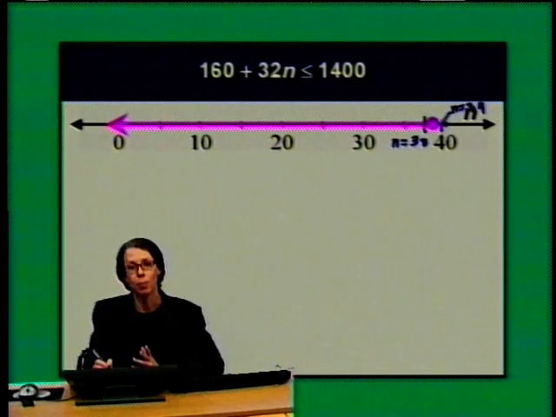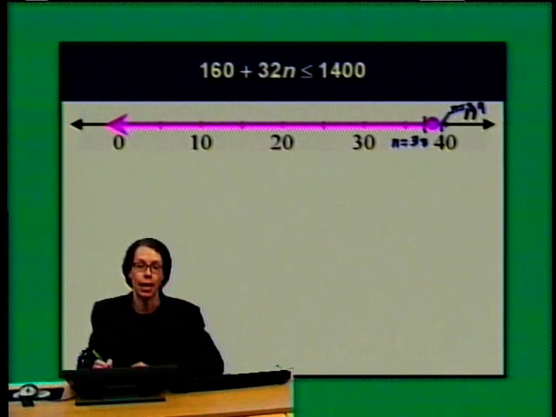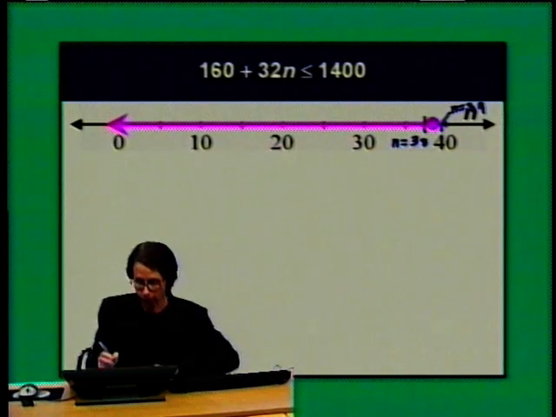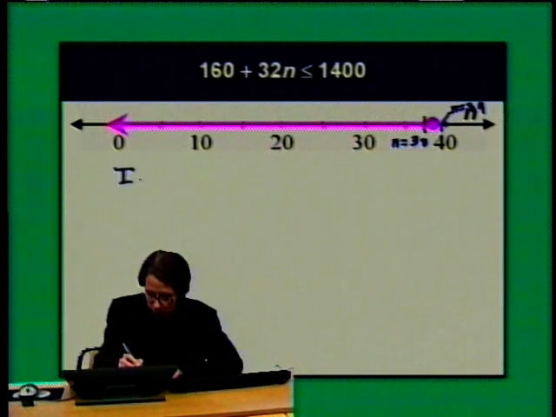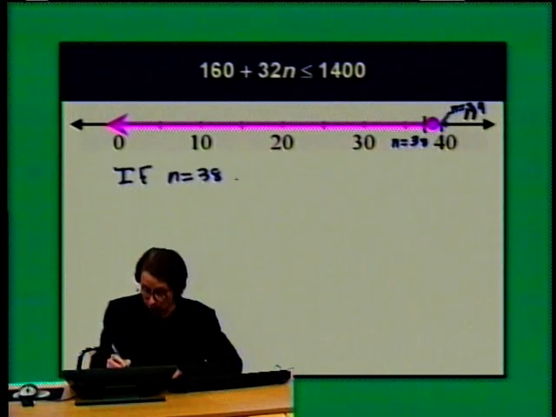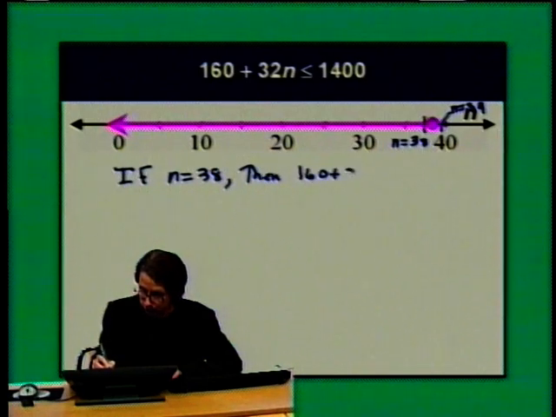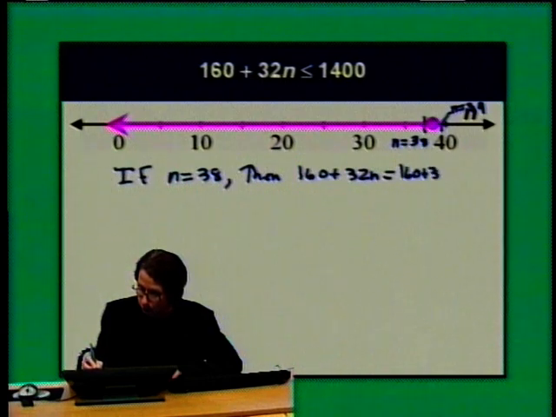So I'm going to start by checking n equals 38, because the question is, how many full boxes of tiles can Julie transport? So if n equals 38 full boxes of tiles, then the weight going into the elevator is 160 plus 32 times 38.